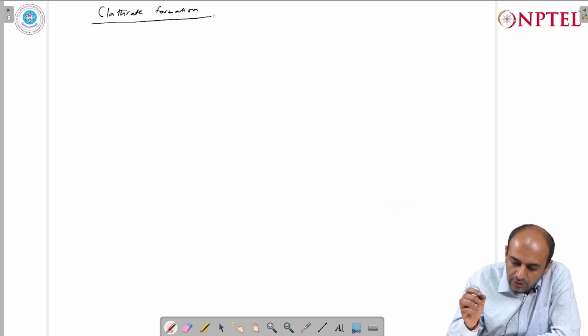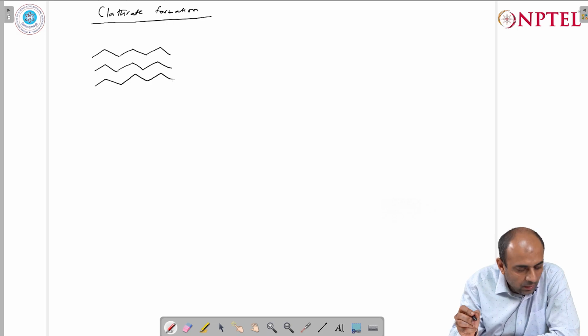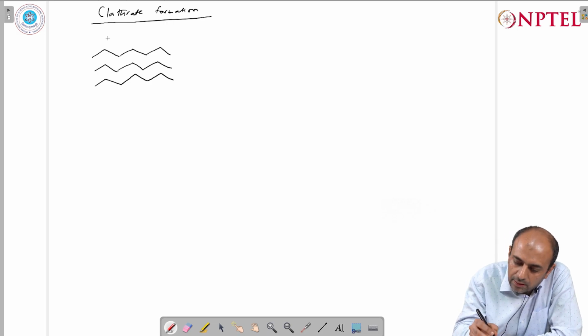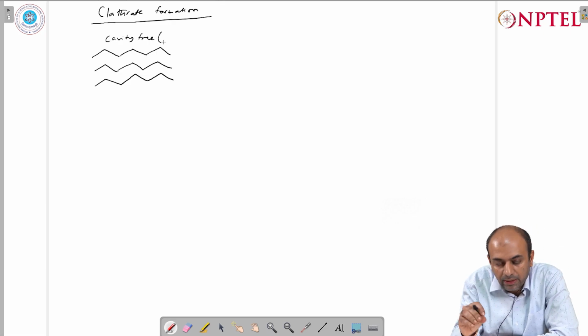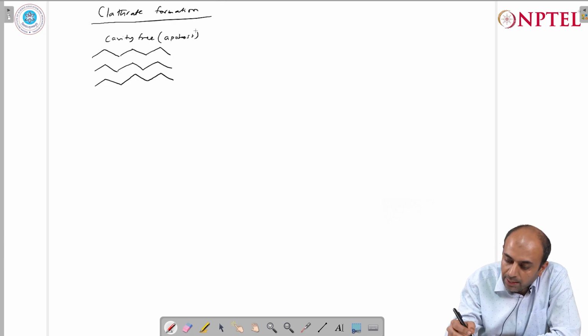So to start with, we have got a host molecule which is cavity free, and this host molecule, which does not have any guest included, does not have any cavity, forms a particular crystalline arrangement, and is called the apohost.